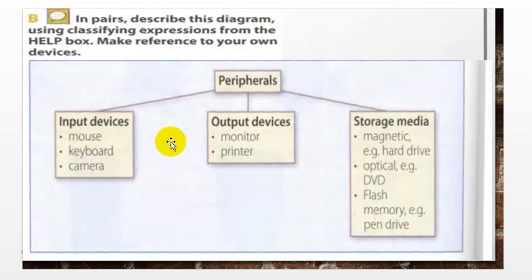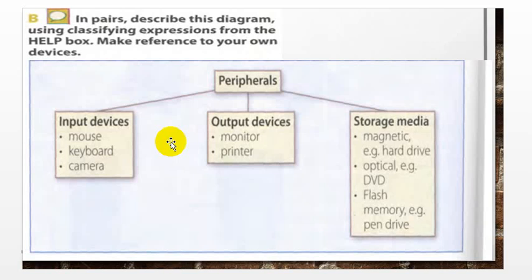Here we have describe the diagram, a diagram using classifying expressions from the help box. Make reference to your own devices. Peripherals consist of input devices, output devices, and storage devices. I use consist of. Input devices include mouse, keyboard, camera.